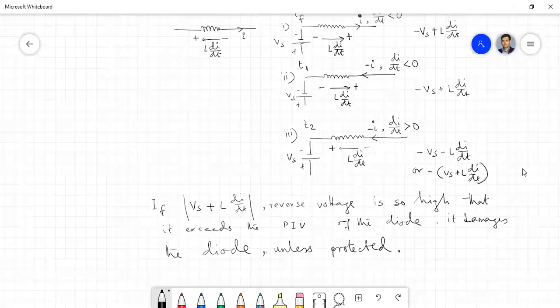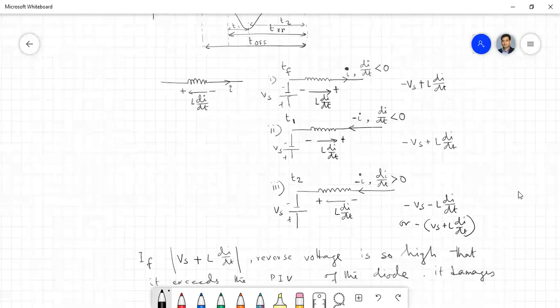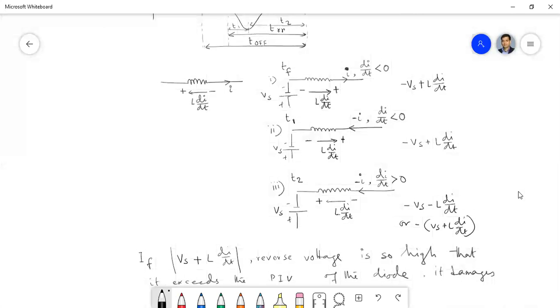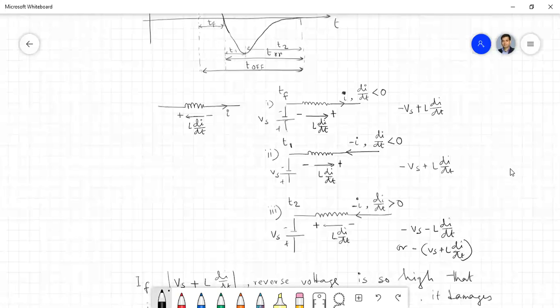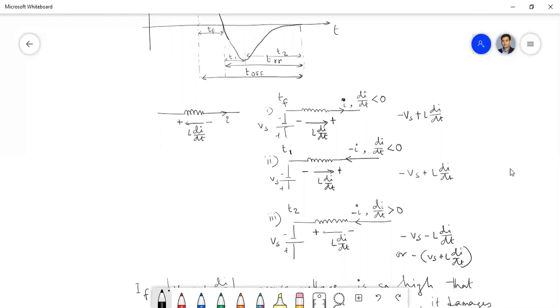Yes, sir. Now, can you tell me how can I minimize this? Who is responsible for this voltage? Again, Vs will be there, but the only thing you can minimize is L di/dt, isn't it? The first one is inductance, you can minimize, but that is not in your hand, because if you need inductance, you have to apply that.